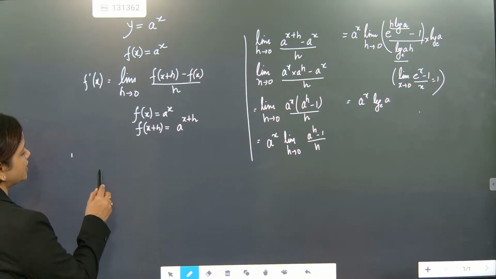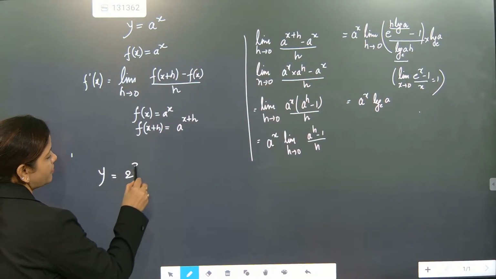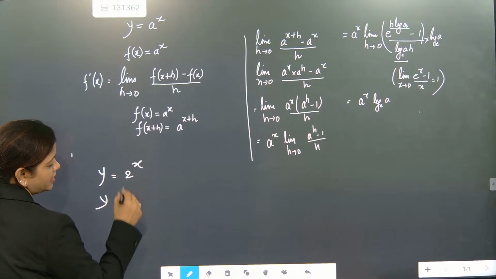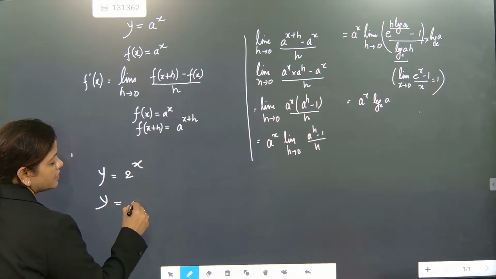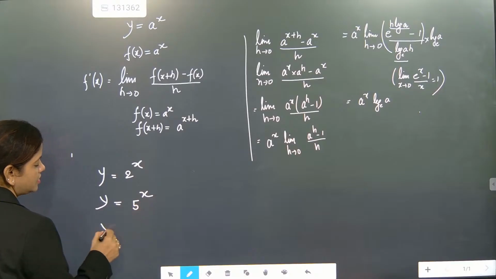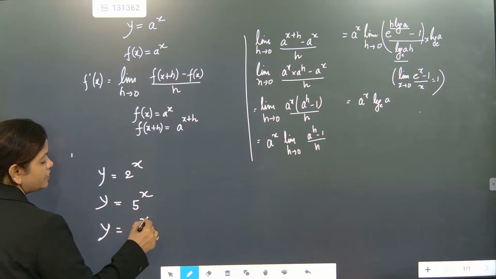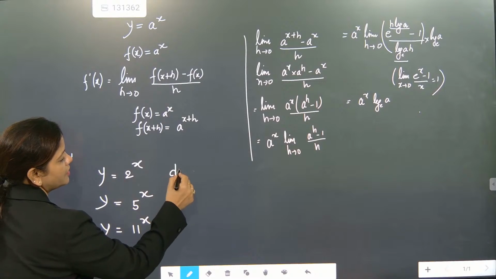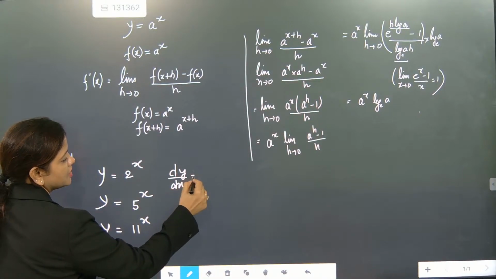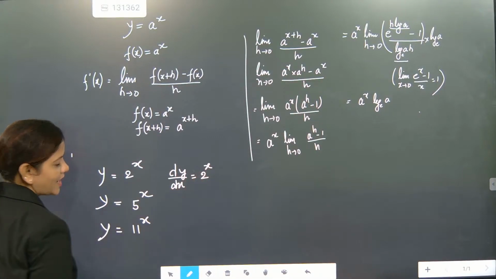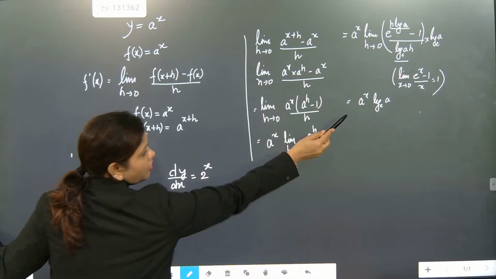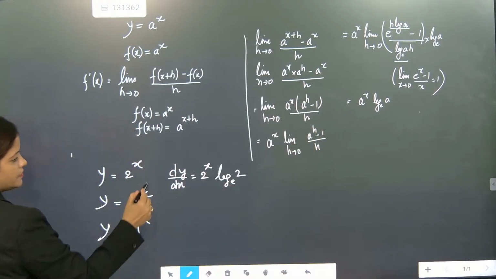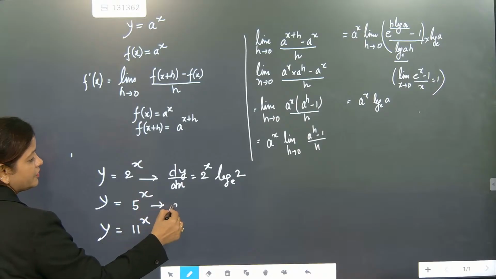If somebody says differentiate 2 to the power x, or differentiate 5 to the power x, or differentiate 11 to the power x, what will be the differentiation? Directly it will become dy by dx, 2 to the power x written as it is, and here you see log base e 2. This is the major section, direct differentiation.